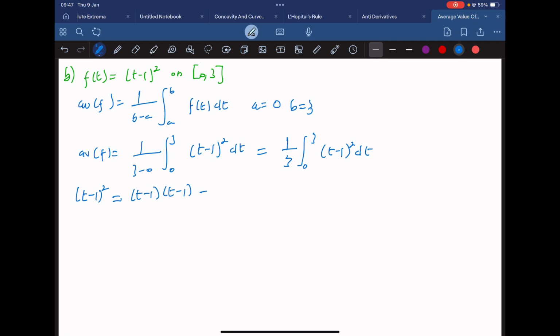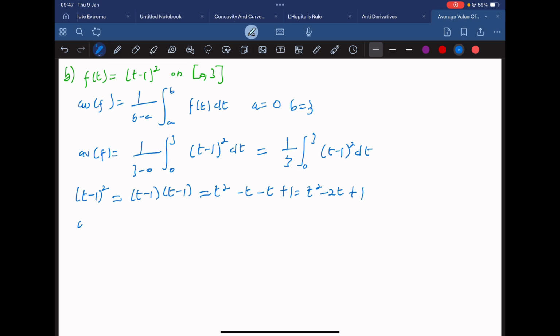So we just FOIL it out. t multiplies t, so we have t squared. t multiplies minus 1, so we have minus t. Minus 1 multiplies t, so we have minus t, and negative 1 multiplies negative 1, so we have positive 1. So this simplifies to t squared minus 2t plus 1.